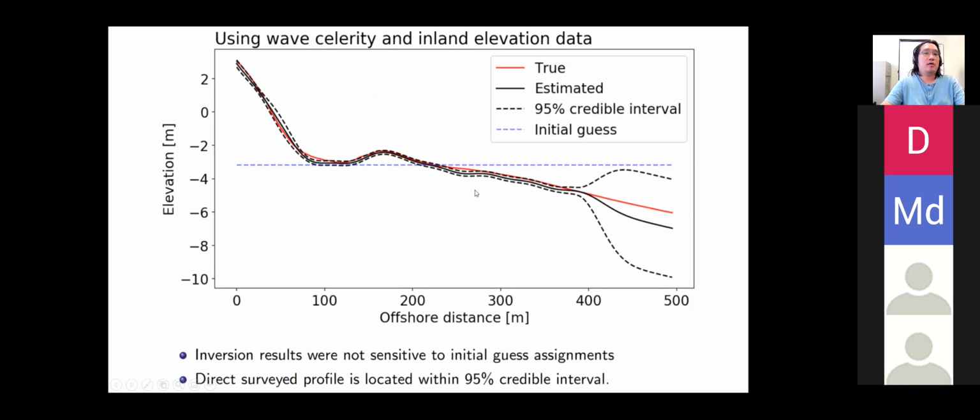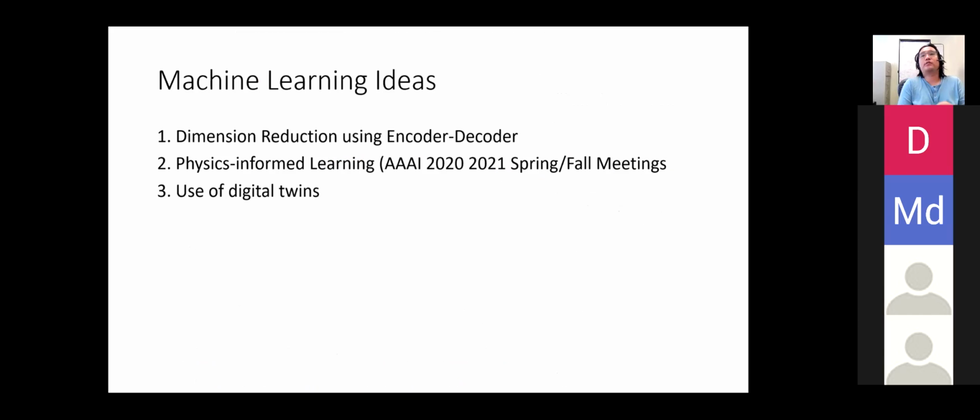Also, the stochastic inverse modeling provides the range of your estimate or uncertainty, and the truth is within the 95% Bayesian credible interval, quite well. Up to 400, we have some information. Other than that, we don't have information, and there is some discrepancy. Now I think I have only 4 minutes. So this is an advance in traditional data simulation and inverse modeling examples.